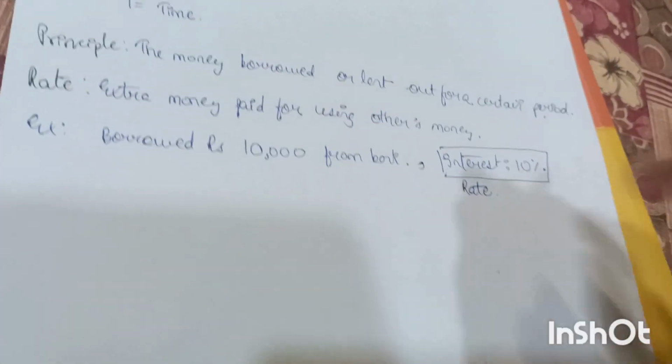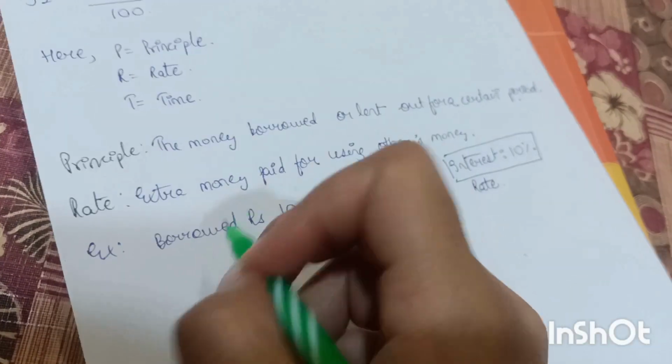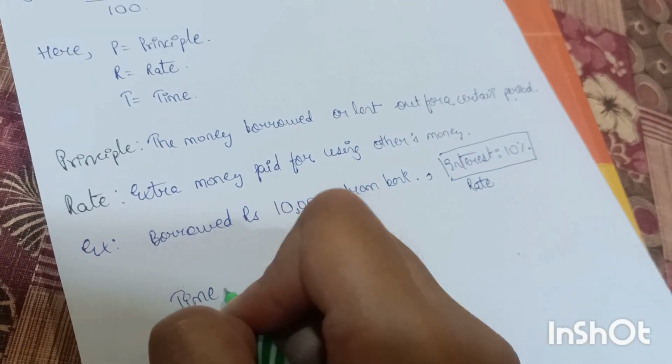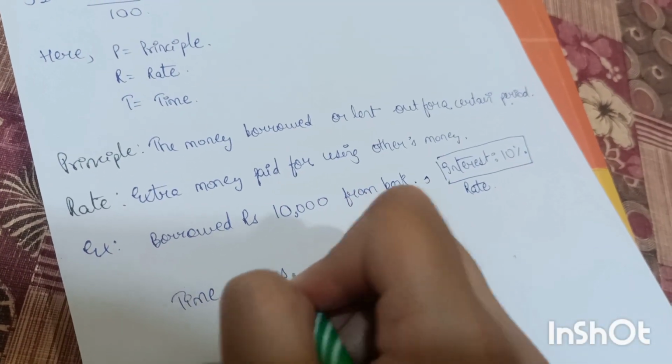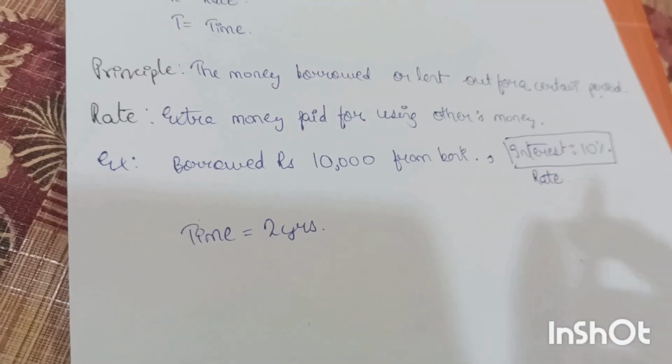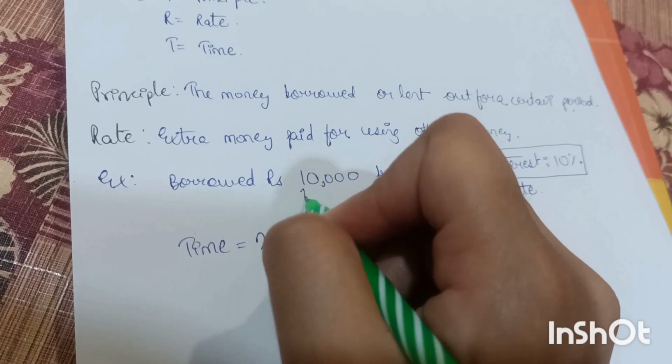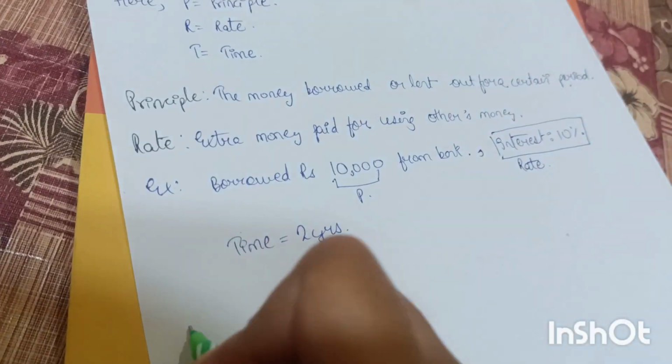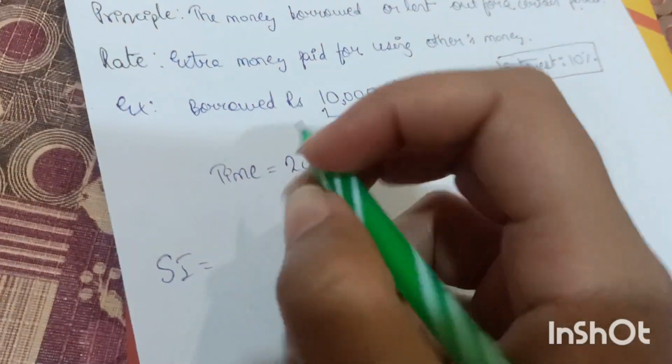And you have taken it for 2 years. So now you can see that this amount will be P. So you can easily find SI over here. So how you can find SI? So then you can solve it.